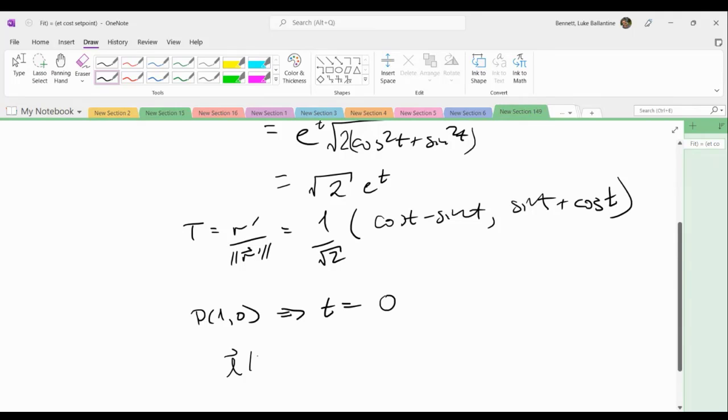So the line is (1, 0) plus t times T of 0. I'll use s instead. So this would be (1, 0) plus s times (1 over root 2, 1 over root 2).